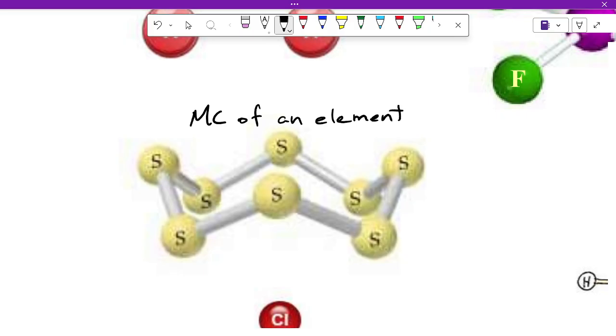And what would the formula be? S8, because there are 8 S's. S8.